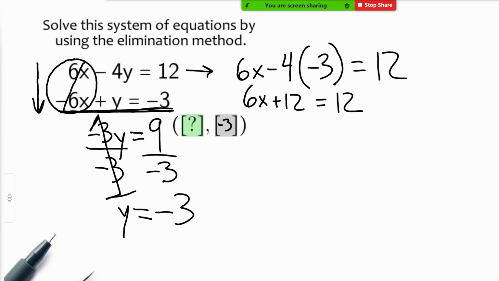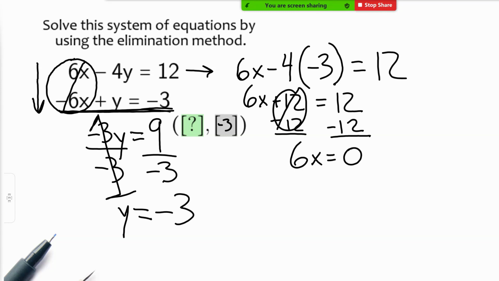Now I need to go back to those opposite operations. Well, I've got to combine like terms, 12 and 12. I have to use the opposite operation of subtraction to make a 0 pair. What I do to one side, I do to both sides. Don't worry, 0 is a number too.